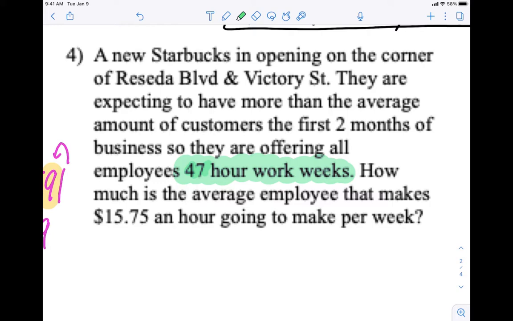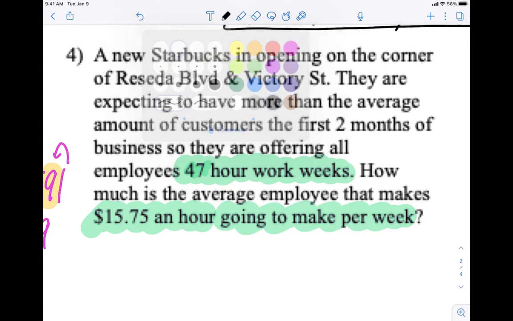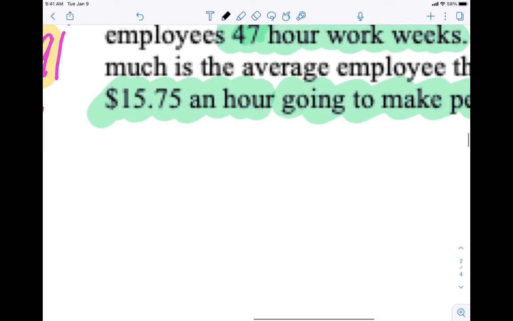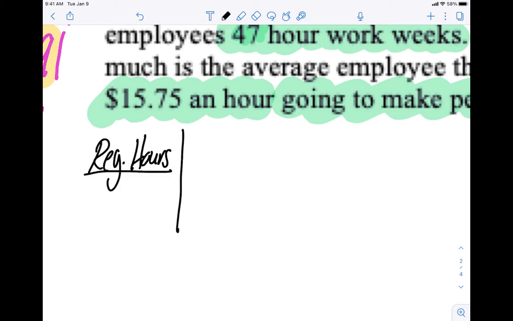How much is the average employee that makes $15.75 an hour going to make per week? So when it comes to hours, we need to do regular hours and overtime hours.